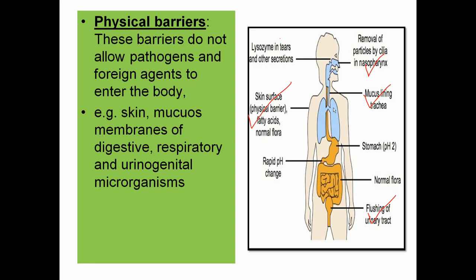You can see a lot of microorganisms surviving in your urinogenital tract, and these bacteria are very important in fighting any foreign or dangerous substance. That kind of barrier we have with us by birth.